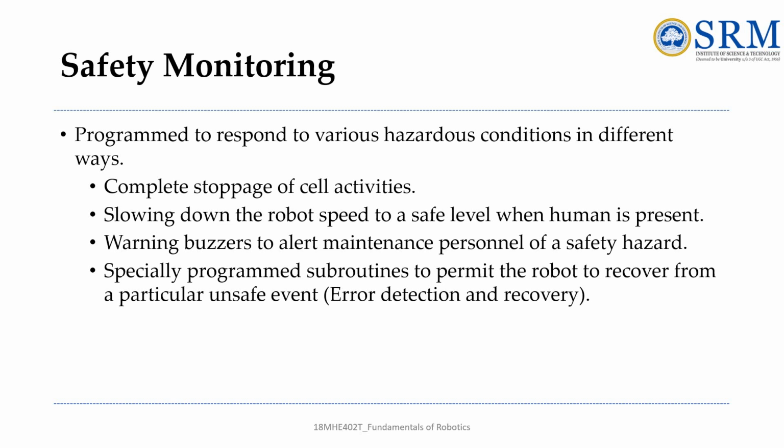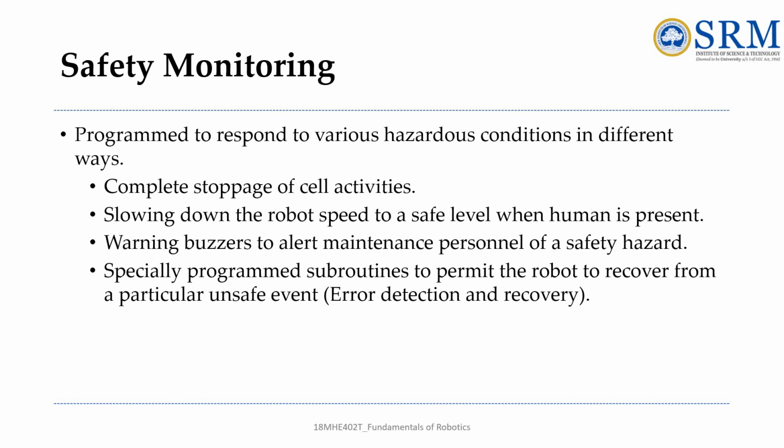Next, what is safety monitoring? It is a special case of error detection and recovery in which the malfunction involves a safety hazard. Decisions are required when the automated system sensors detect that a safety condition has developed that would be hazardous to the equipment or humans in the vicinity of the equipment.